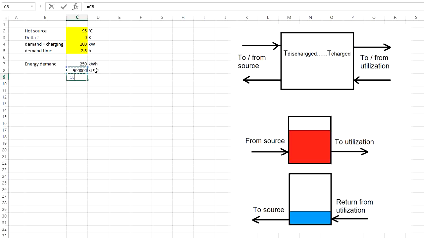Or eventually you can see that this is 900 megajoules of heat. And now let's go for the different cases of storage systems.